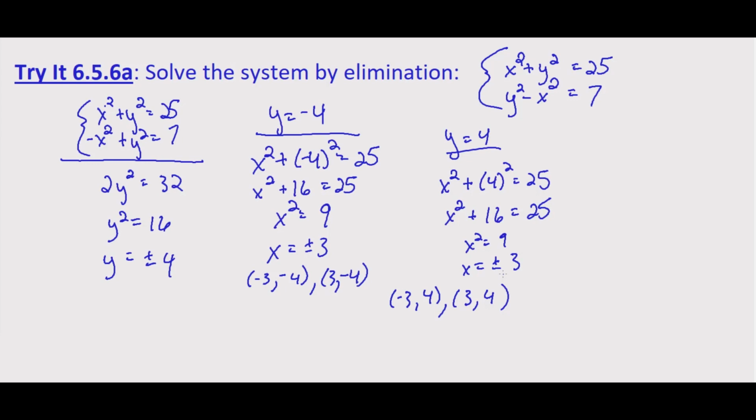The y squared term is what's positive, so it's representing a hyperbola that opens up and down. Regardless, we could graph it to verify the solutions. We could use substitution, though that would be even a lengthier process. But we would get to these 4 solutions of -3, -4, 3, -4, -3, 4, and 3, 4.